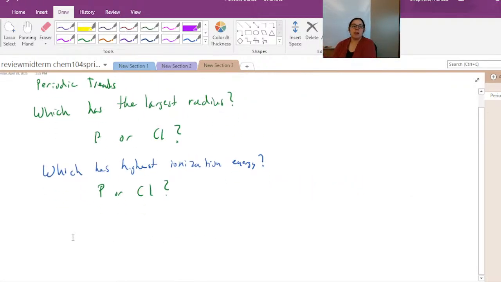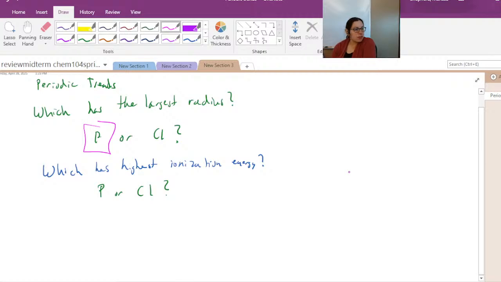So which one has the largest radius? What do we remember about the radius? So who has the bigger radius? What do we remember about our radius? Yeah, so it should be phosphorus.